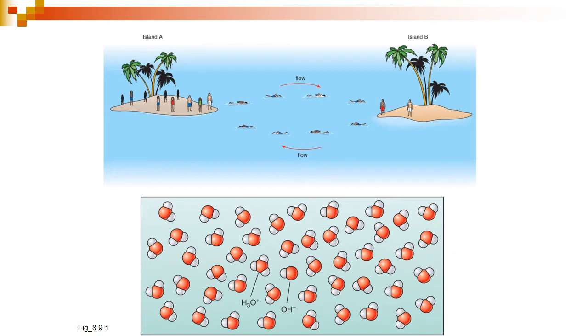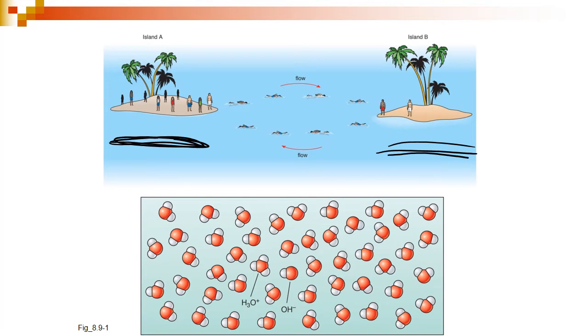So here's our example of looking at what's called that dynamic equilibrium. We have two islands. Island A has a bunch of people in it. Island B has a little more solitude. So let's say you're over on Island A and there's just a lot more people. So you decide to swim to go to Island B.